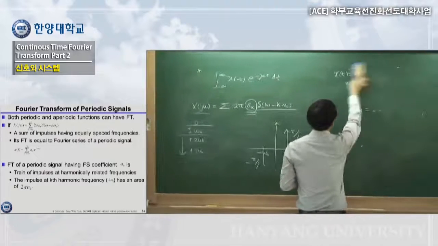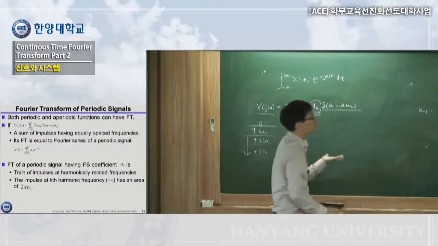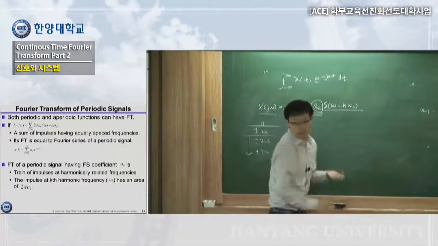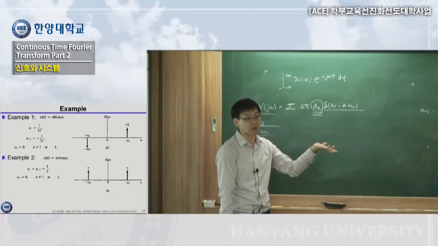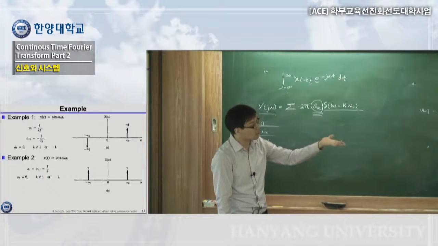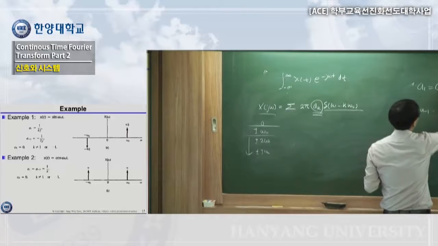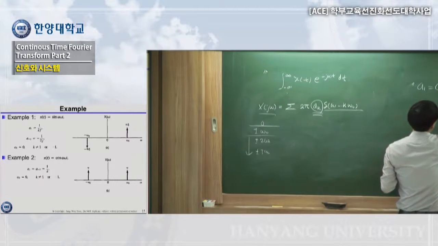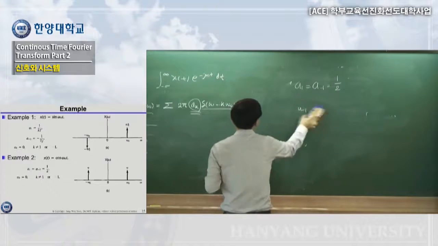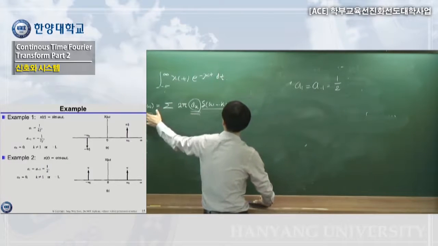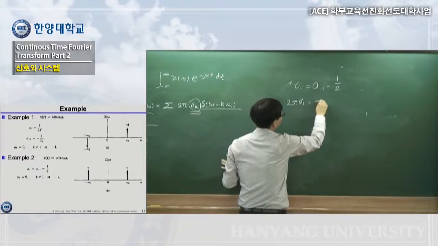for example, if this is a sine wave, having amplitude at each k, in a sine wave we only have amplitude at 1 and minus 1. In a cosine wave, we already calculated that they will be given as 2 over 1, I think, right? So when you calculate the Fourier transform, this amplitude will be pi.